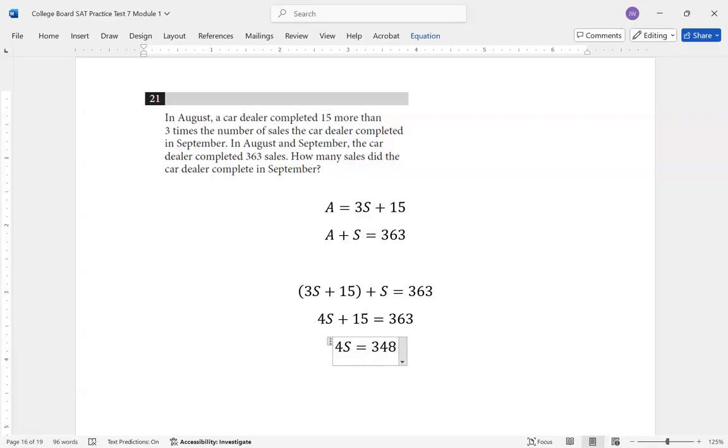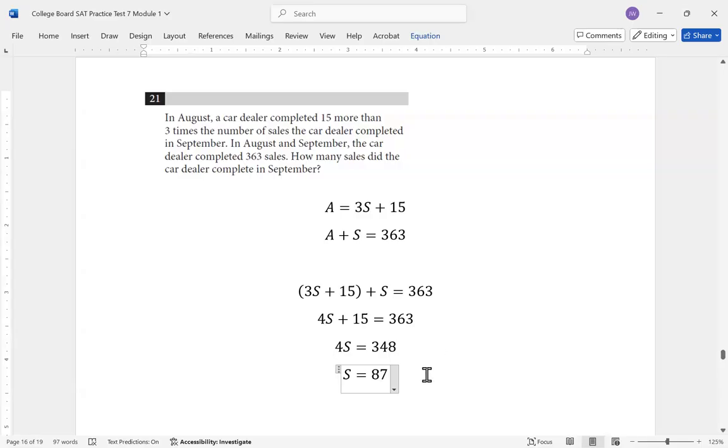And then I can divide both sides by 4. Once I do that, I end up with S equals 87. That means the number of sales in September was 87.